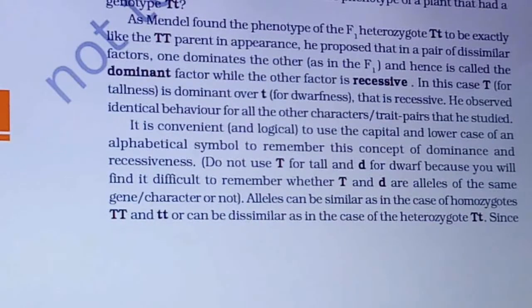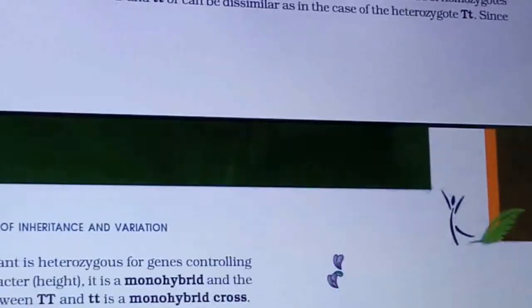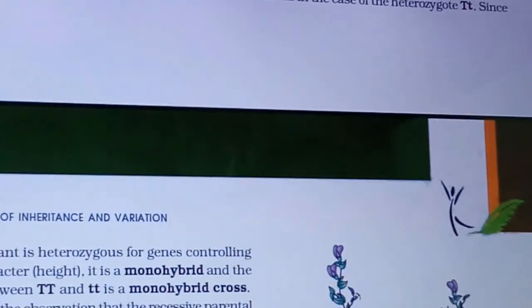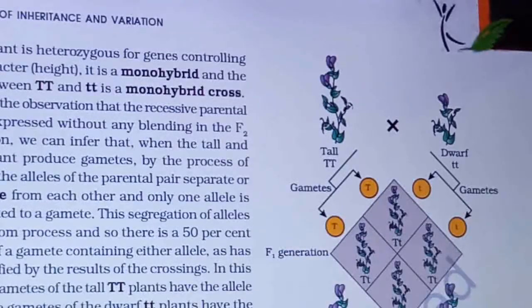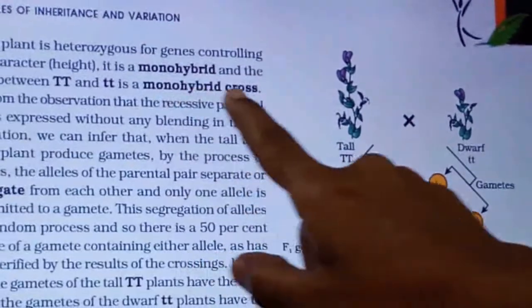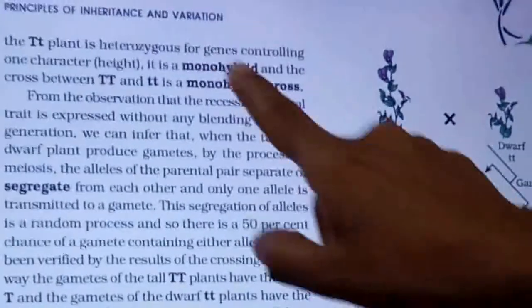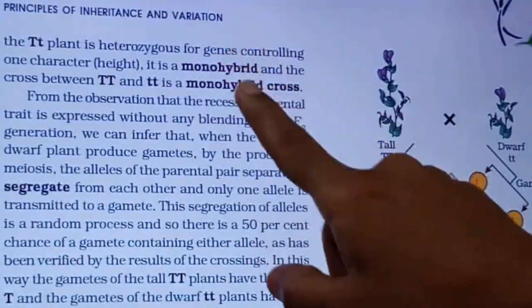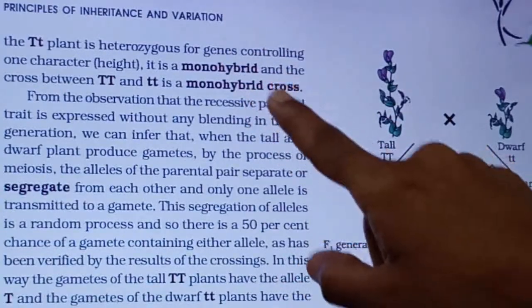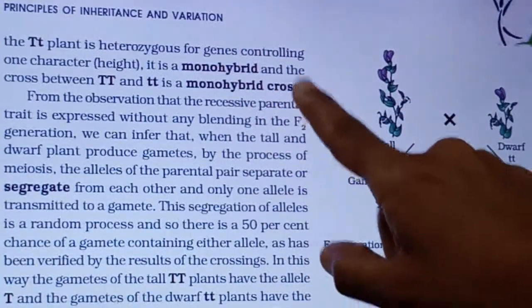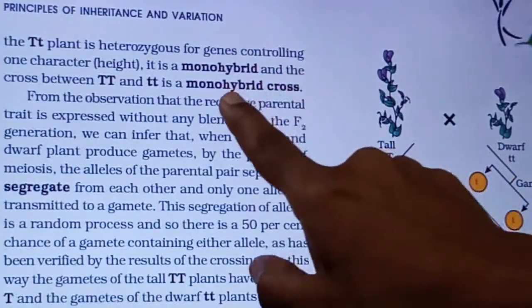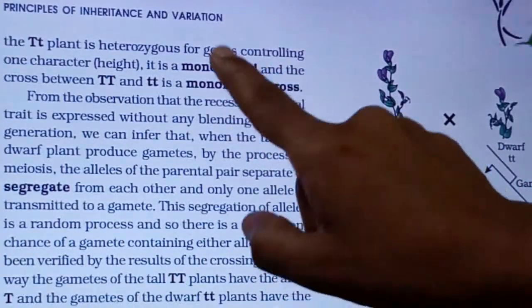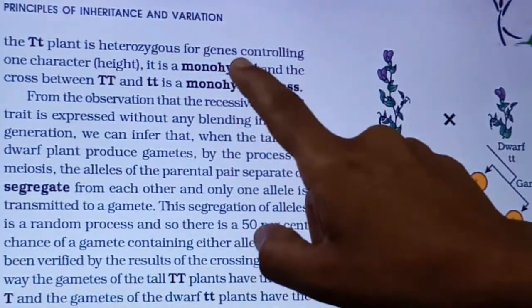See the next page, page number 73. On that, a few more new terms are there. That is, what is monohybrid and what is monohybrid cross. These two terms are different. So whenever in the exam these questions are asked, define the monohybrid cross, then you have to write about the cross, right, and what is meant by monohybrid.